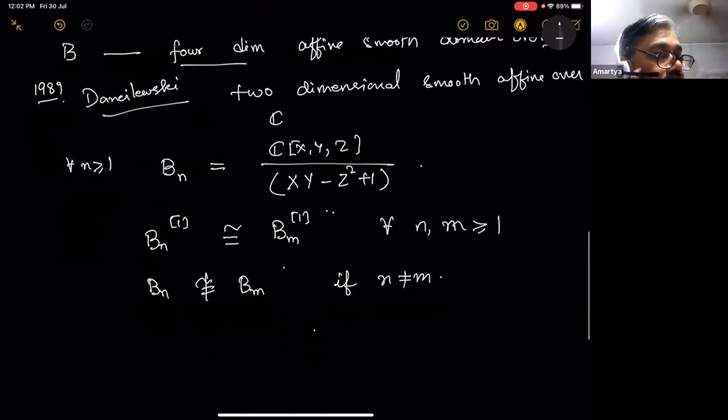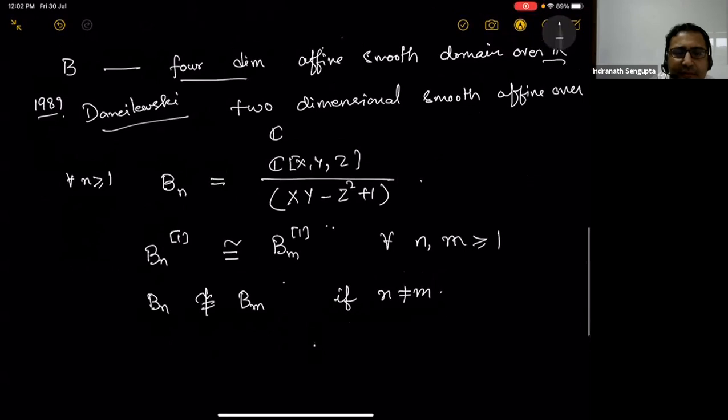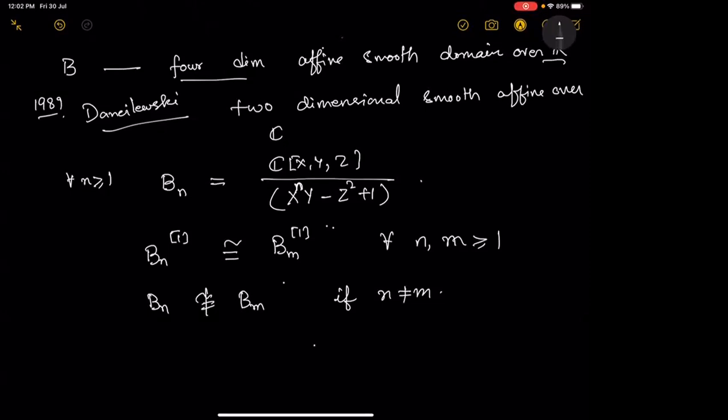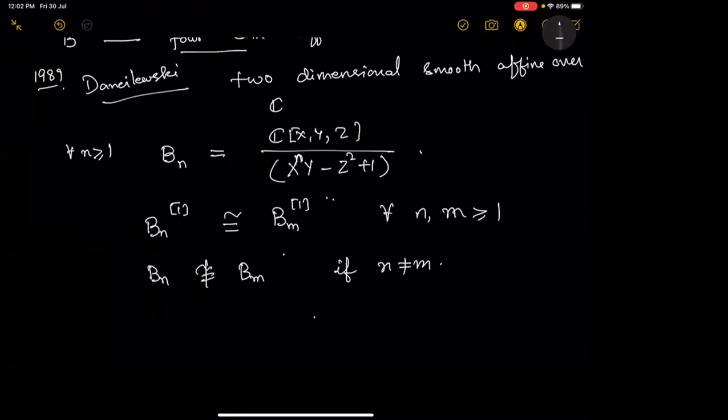So in some sense, we have a family of examples which are stably isomorphic. Neena, I don't see an n in the definition of B_n. Yes, this is x to the power n y. Sorry, I made a mistake. So x^n y. So these are stably isomorphic, but they are not isomorphic as rings. And we have a family of examples.